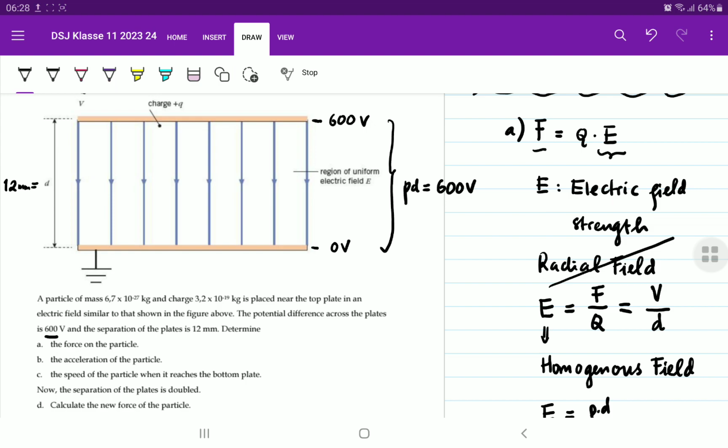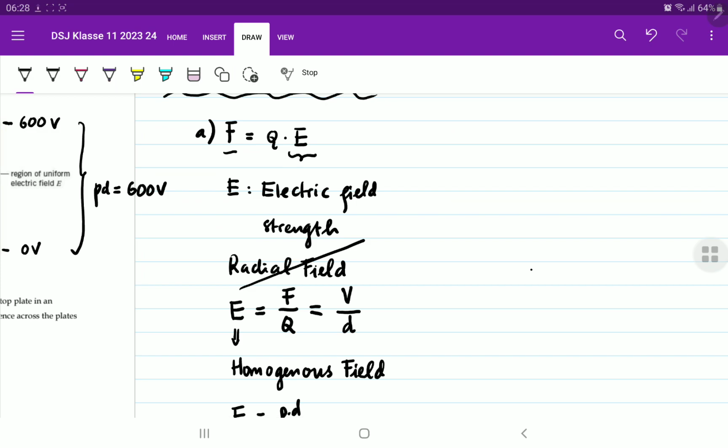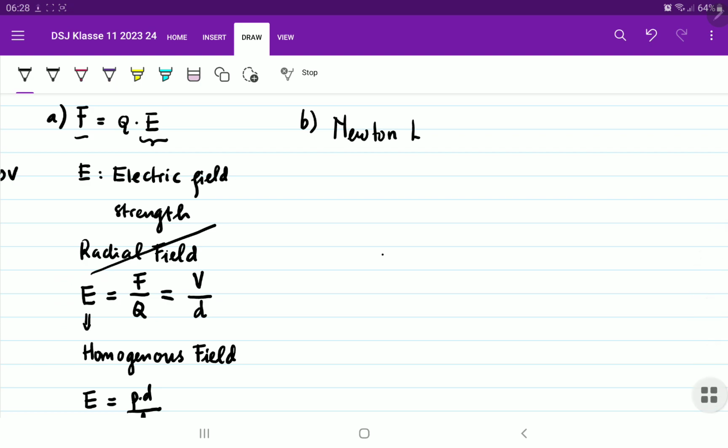The acceleration of the particle can be calculated using Newton's law, Newton's second law, which says that acceleration is proportional to the force and inversely proportional to the mass.